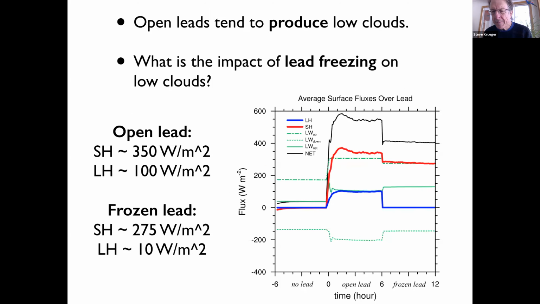Once we freeze this over, instantaneously putting about a 1 inch, 2.5 centimeter layer of ice on it, the sensible heat flux drops a little bit to 275, but the latent heat almost disappears. So the question is, what is the impact of this lead freezing on low clouds? Open leads will produce clouds, but what happens once the lead freezes?